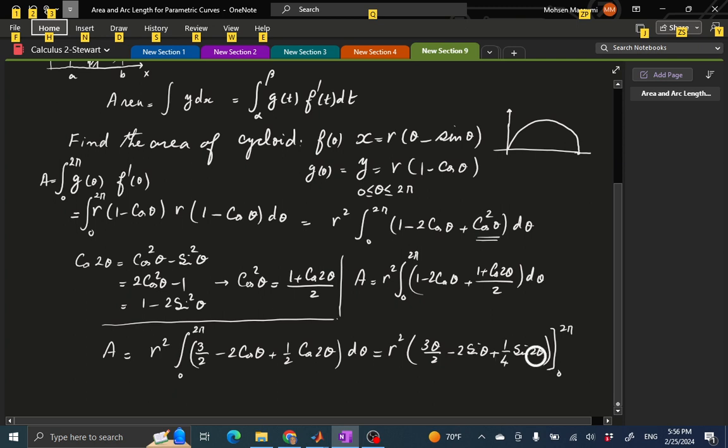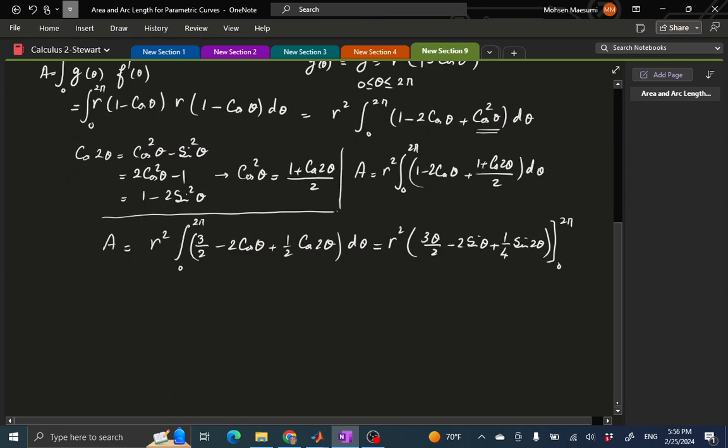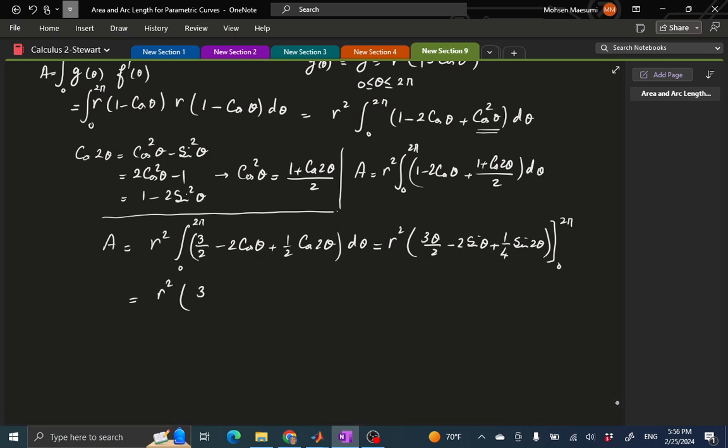At 0 and 2 pi, the sine terms are going to be 0, and all that we are left with is r squared times 3 times 2 pi over 2 minus 3/2 times 0, and of course the 2's cancel, we get 3 pi r squared. So the area of a cycloid is 3 pi r squared.